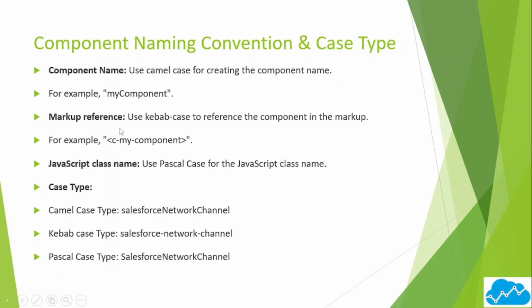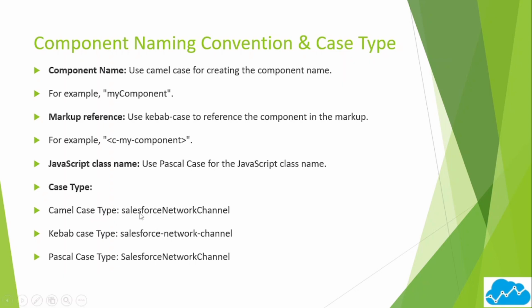Markup reference: when we are referencing a component, we have to use kebab case. For example, c-my-component. It should be in this format only. This is known as kebab case. JavaScript class name: use Pascal case for the JavaScript class name.